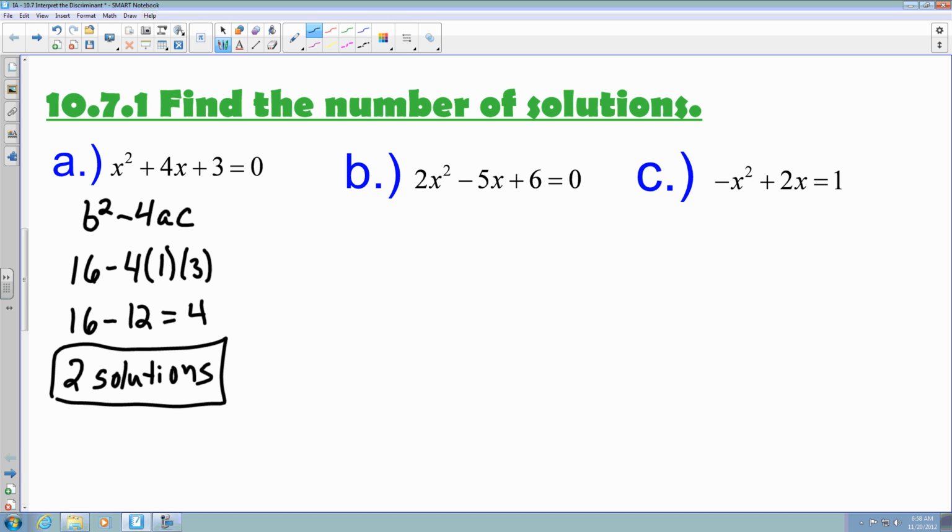So for B, we're going to do the exact same thing. We're going to solve for the discriminant, which here is 25 minus 4 times 2 times 6.